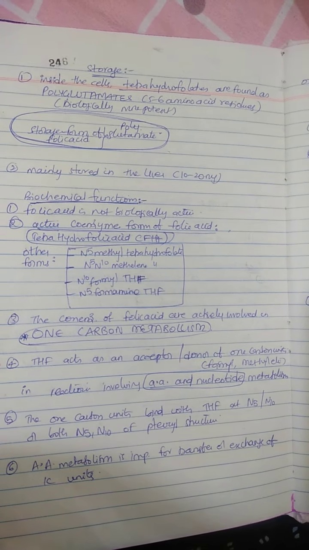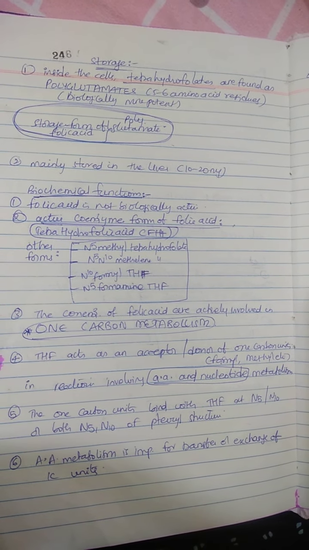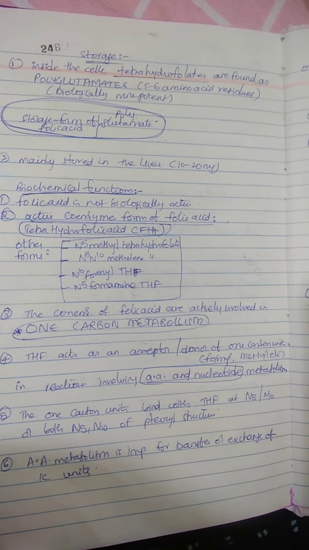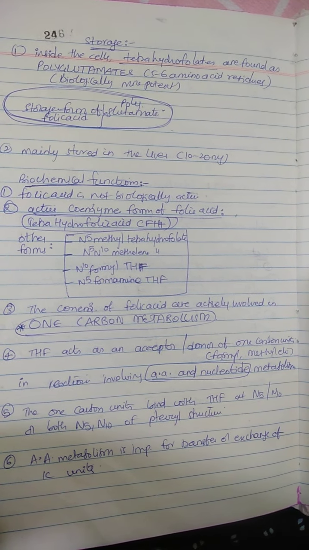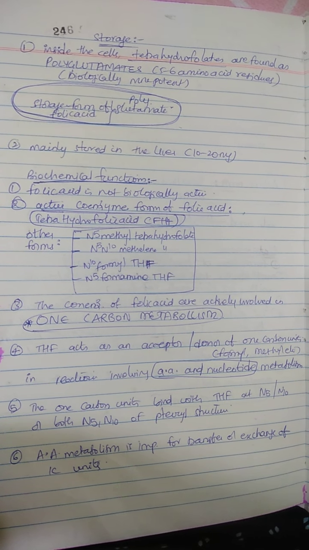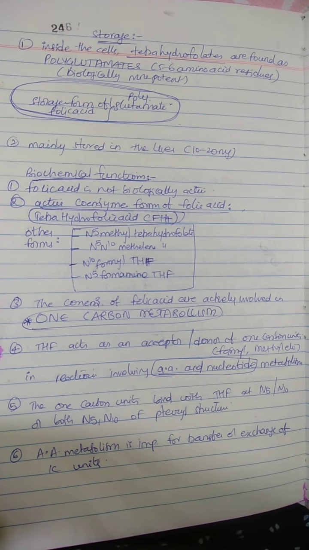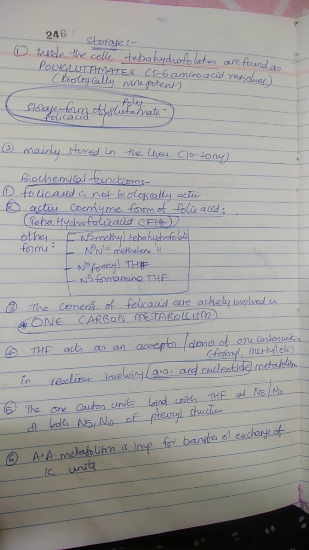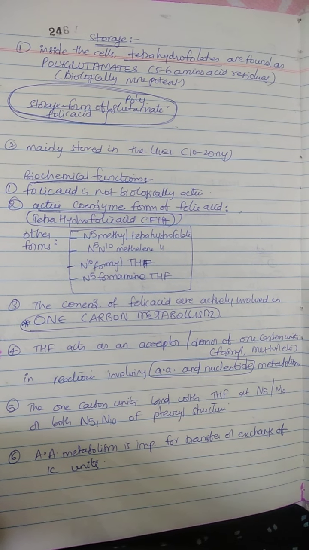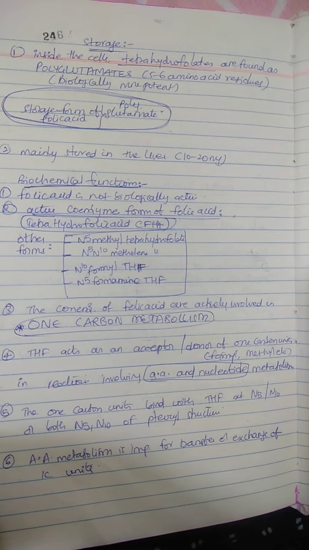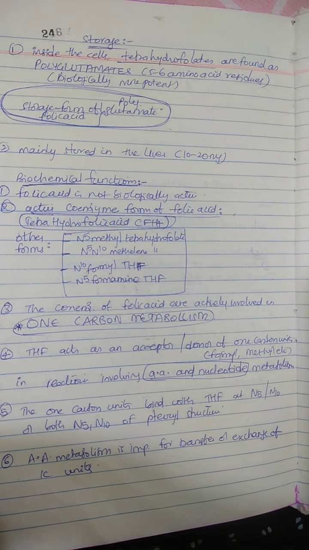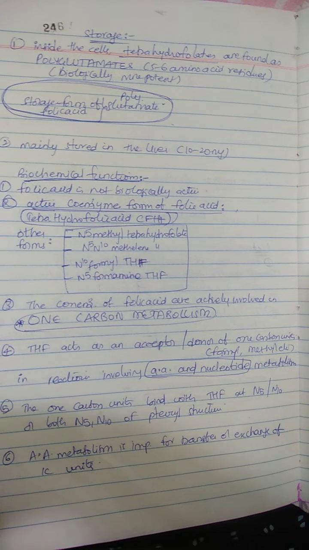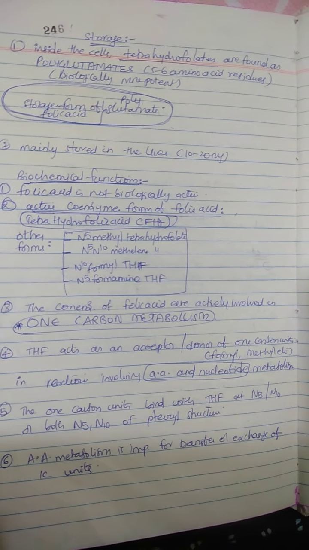The coenzyme forms are actively involved in 1-carbon metabolism, and tetrahydrofolate acts as an acceptor or donor of 1-carbon units, formyl, methyl, etc., in reactions involving amino acid and nucleotide metabolism. The 1-carbon units bind with tetrahydrofolate at N5, N10, or both, and amino acid metabolism is important for transfer and exchange of 1-carbon units.